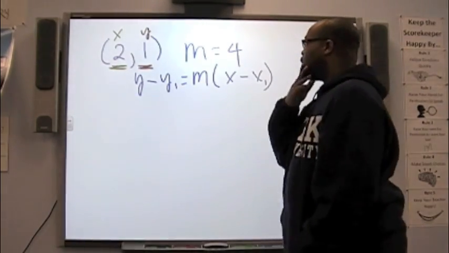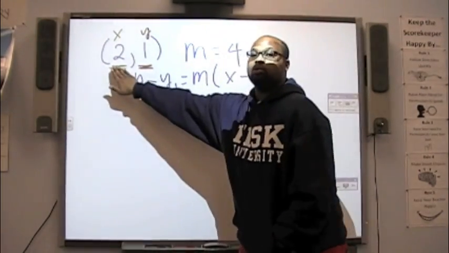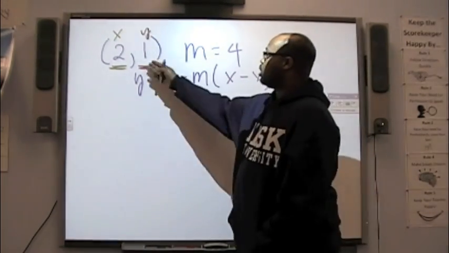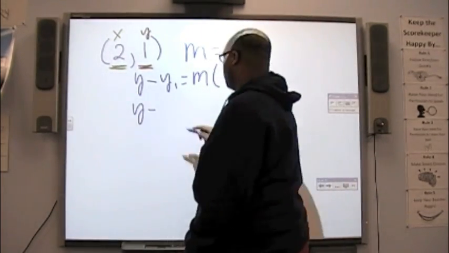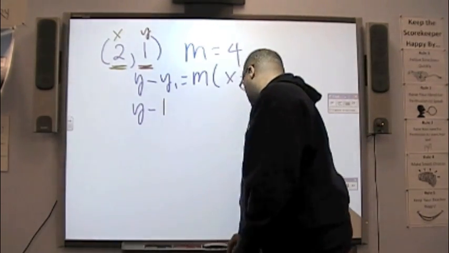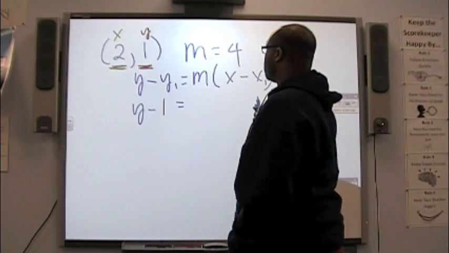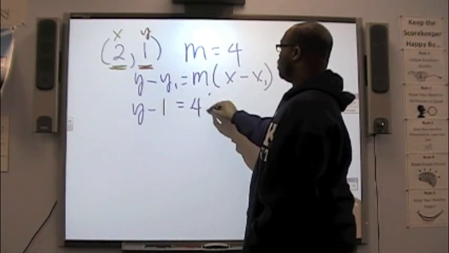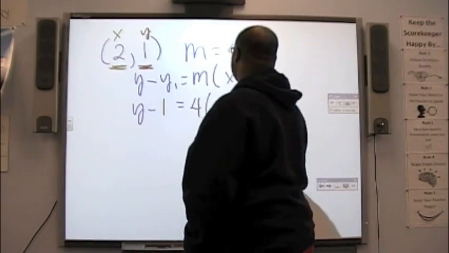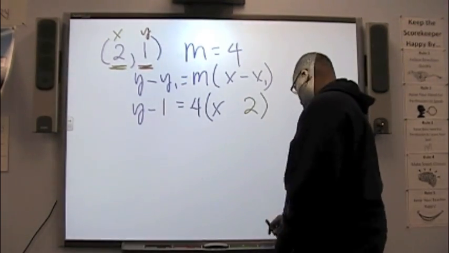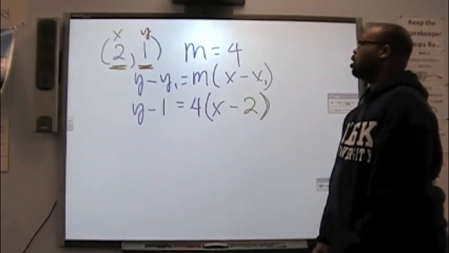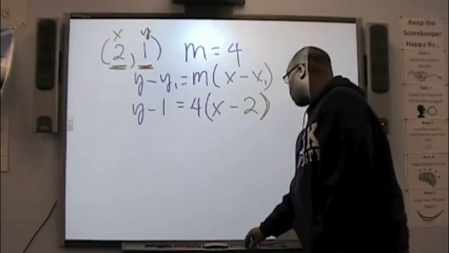Wherever I see my x sub 1, I'm going to put this point in here, and wherever I see my y sub 1, I'm going to put this point in here. So I'm going to say y minus 1 equals my slope, which is 4, times the quantity of x minus 2. Now it's in point-slope form.